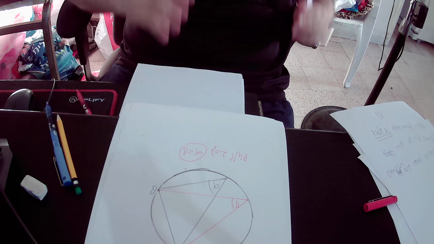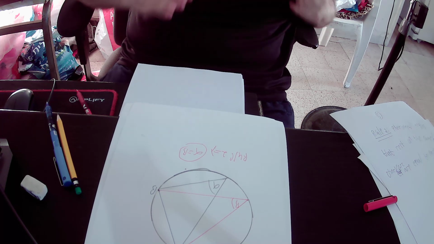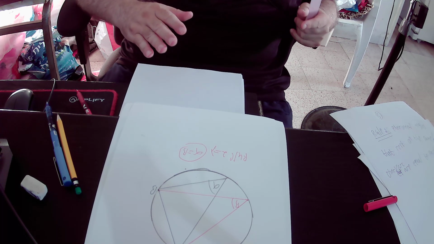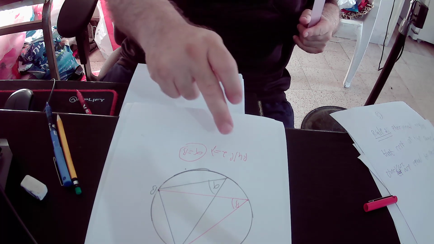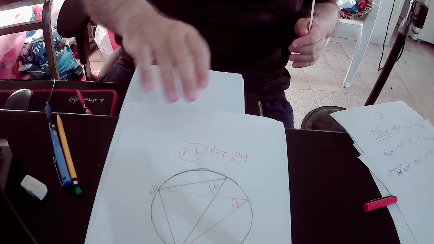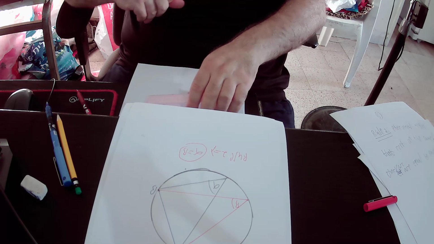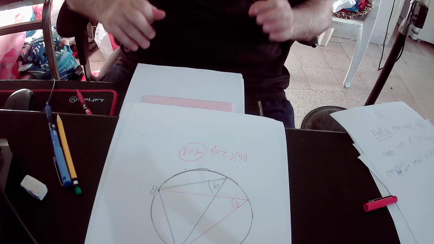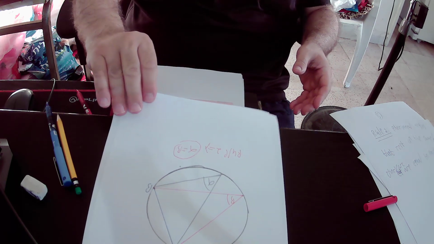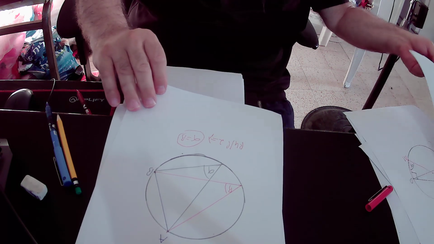So if two peripheral angles rest on the same chord, then they are equal to each other. So we can implement rule number 2 in our circle.